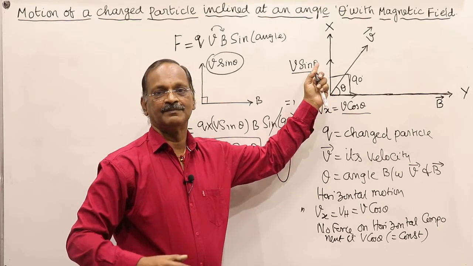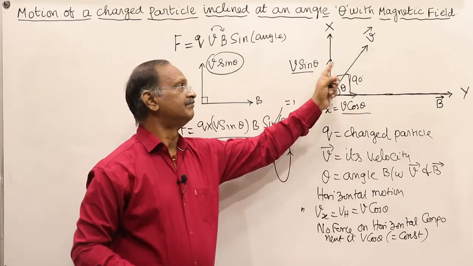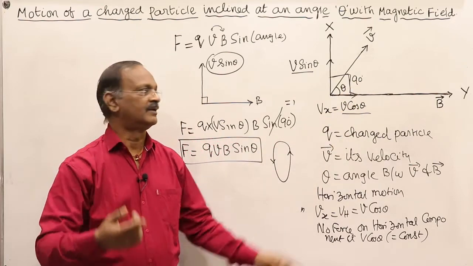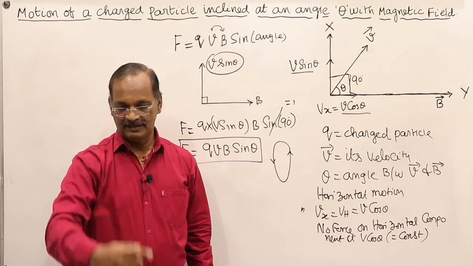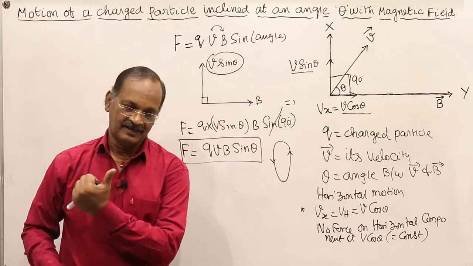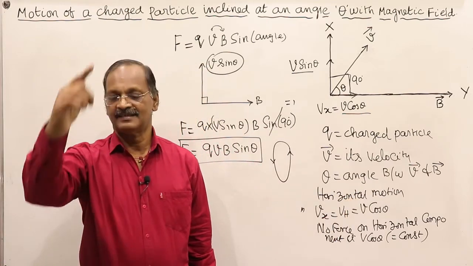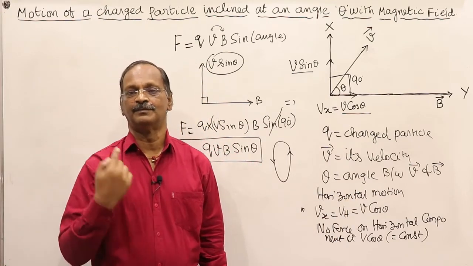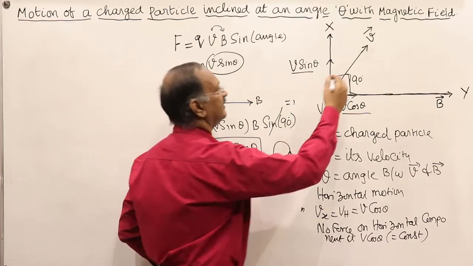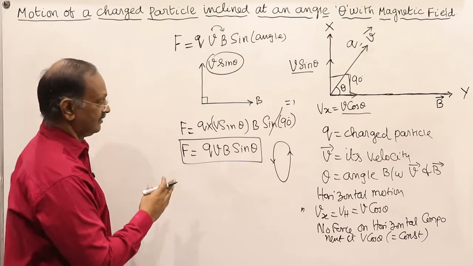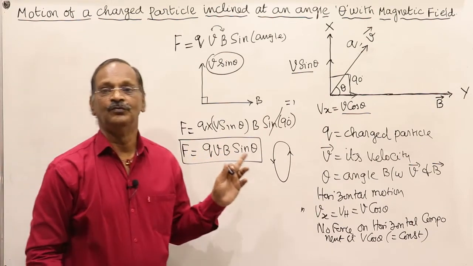Because of this force perpendicular to the magnetic field, the charged particle will move in a circular path, because both are perpendicular. So it will move like this. One velocity is v cos theta in this direction and v sin theta in this direction, which give the circular motion to the charged particle. This is a charged particle moving in this direction with velocity v. So this is the force qvB sin theta.